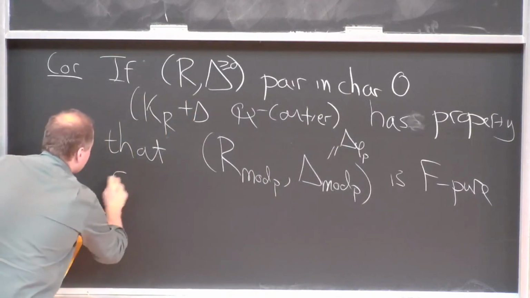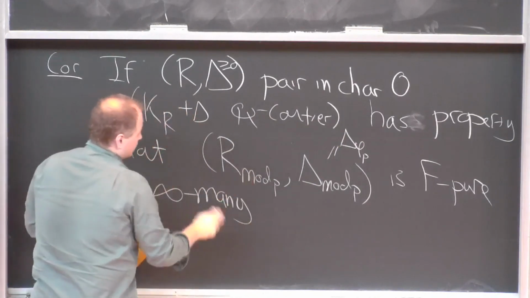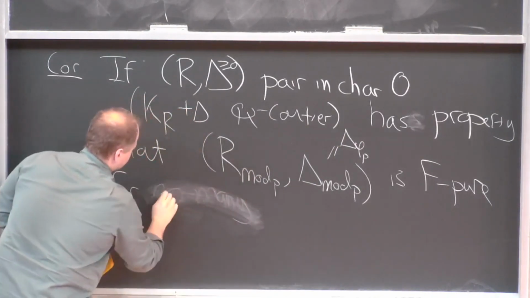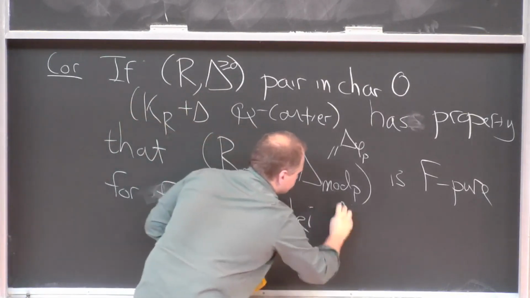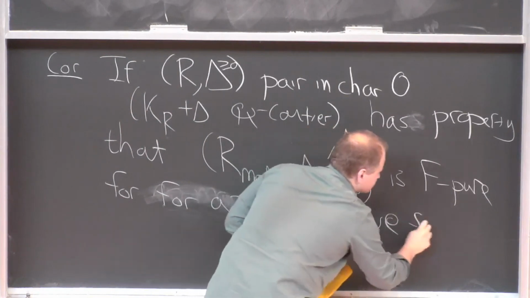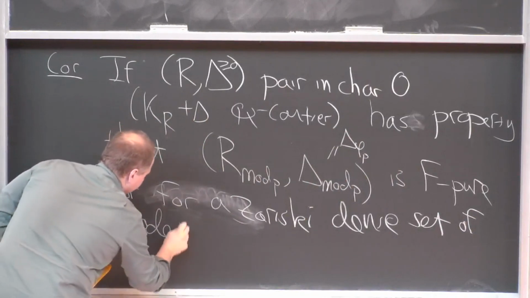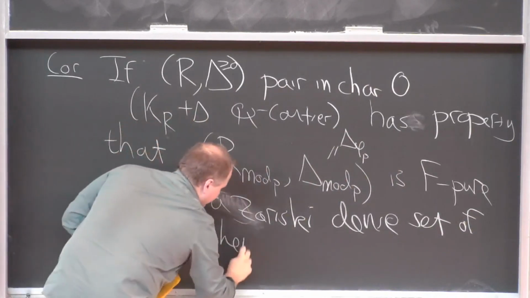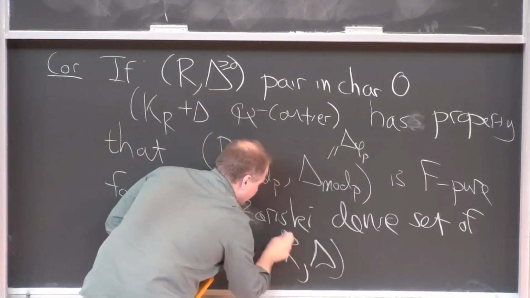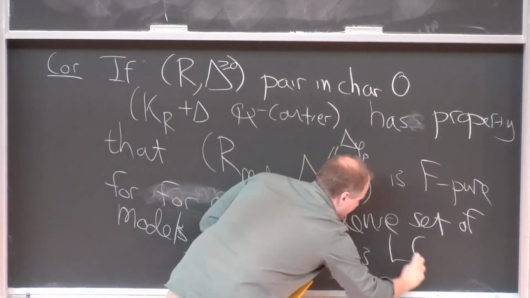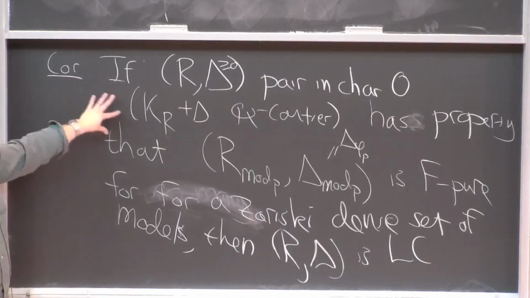Is F pure for infinitely many, or for a Zariski dense set of models, I'll explain what I mean by a second, of models, then our delta in characteristic 0 is LC, log canonical. And this is actually a direct corollary from that.